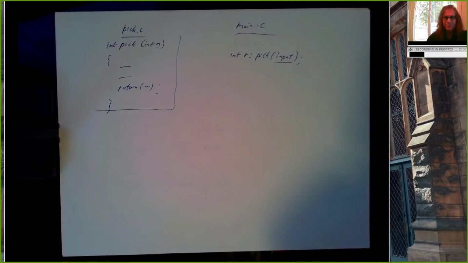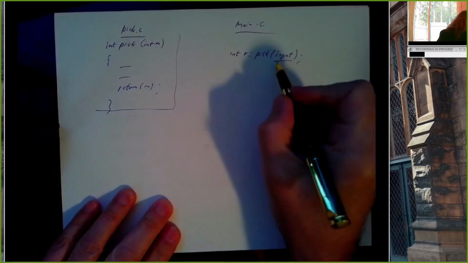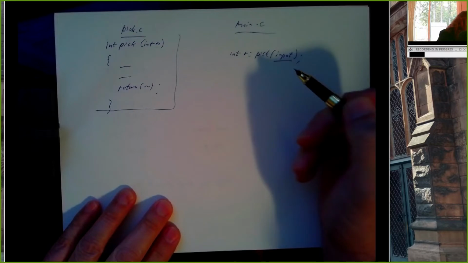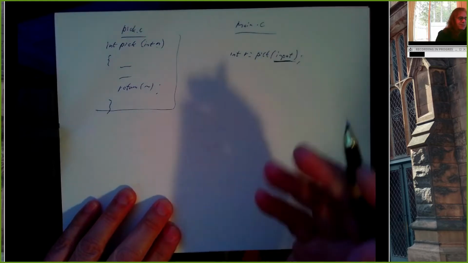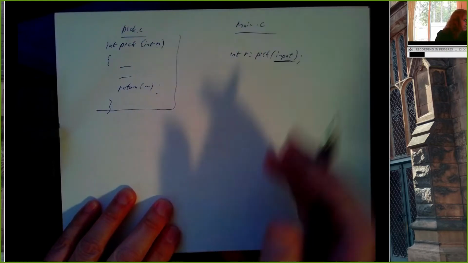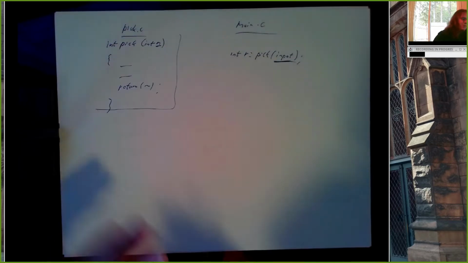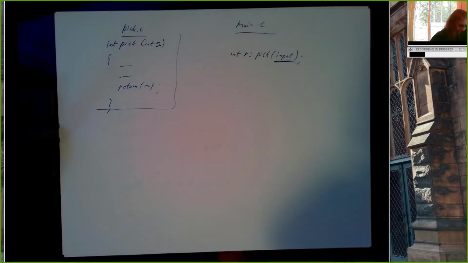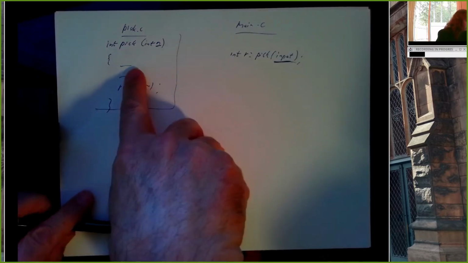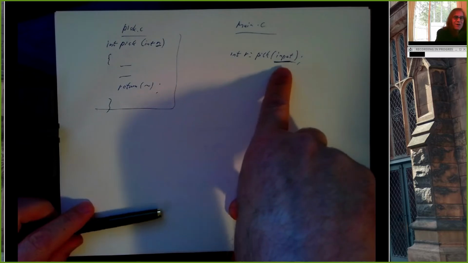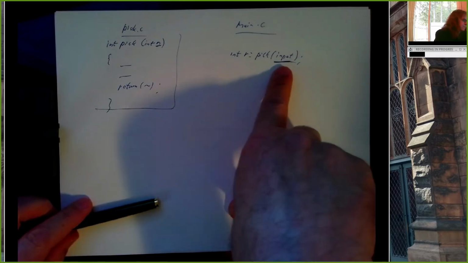And you'll hear lots of people talk about pass by value and pass by reference, but all we're saying is, when you call a function, we actually calculate the numeric value of this expression, in this case an integer, and then when we start running this code, we set this variable equal to that numeric value. So it's not using the variable input, it's using the value of the variable input.